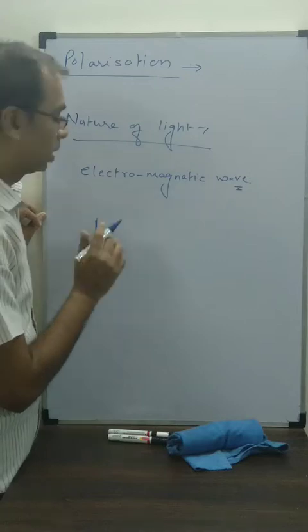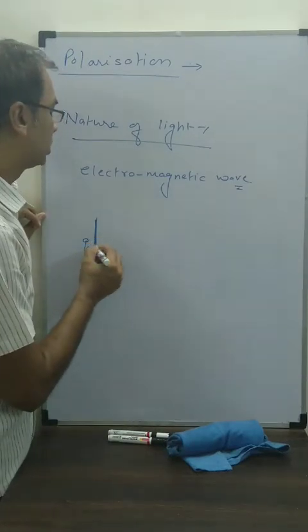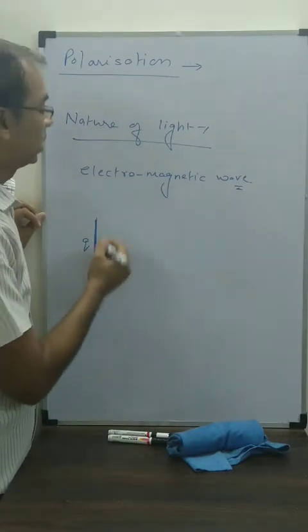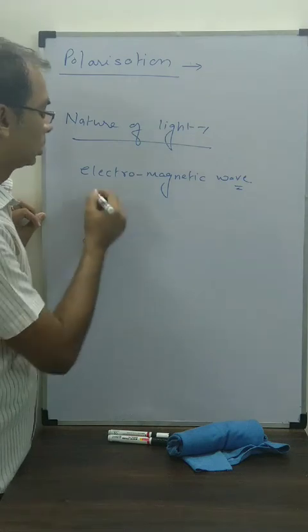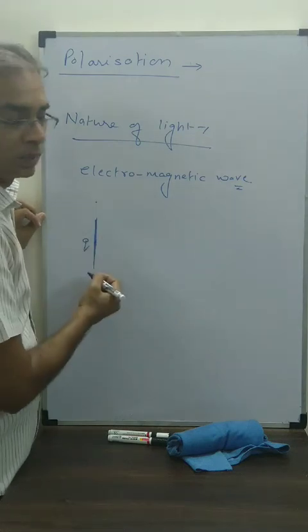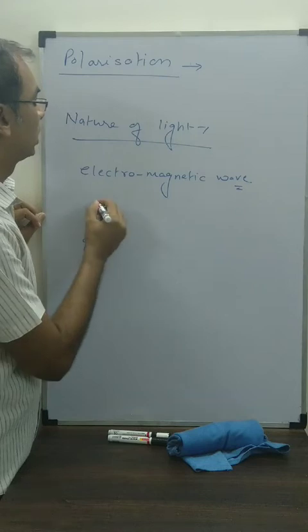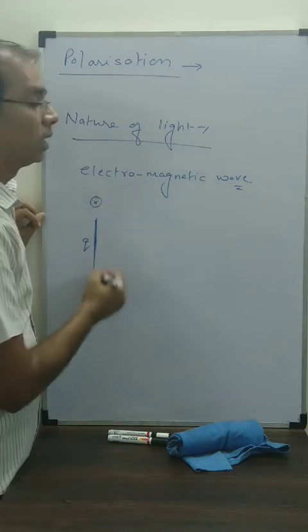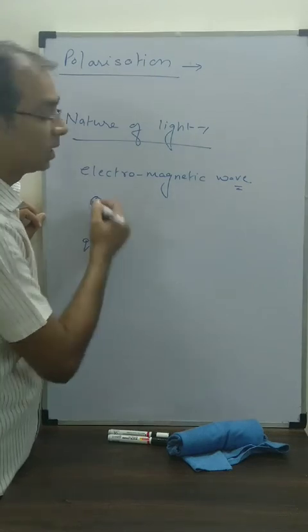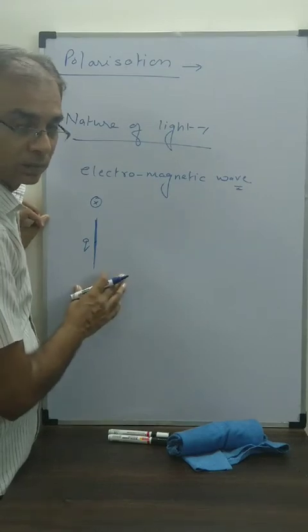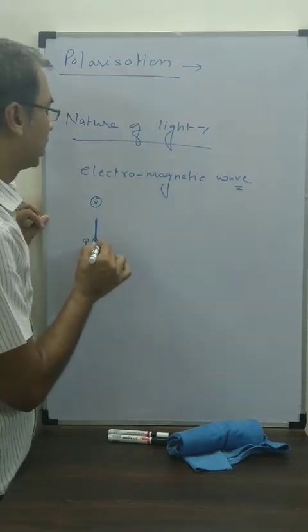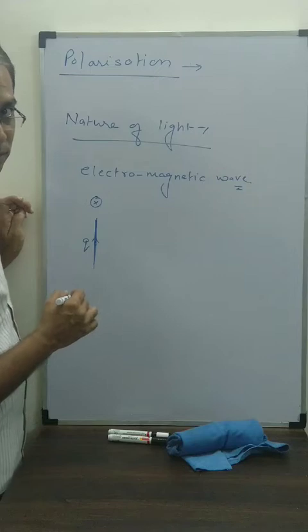How will the electric field be produced? If I consider the electric field along the direction of motion of the charge, and since the charge is coming towards this point and going away from this point, we can say that the electric field is varying.